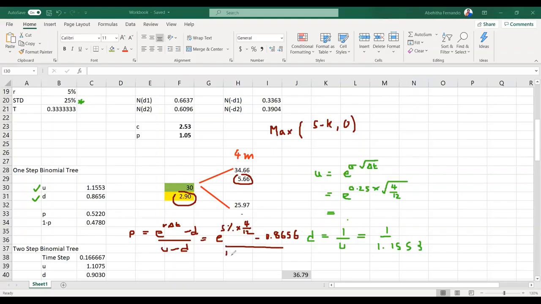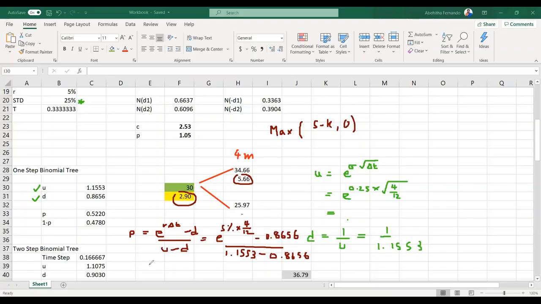U is 1.1553 minus 0.8656. Right? So based on this, if you do the calculation, check what answer you would get for P. In here, based on Excel, you have got a different value.